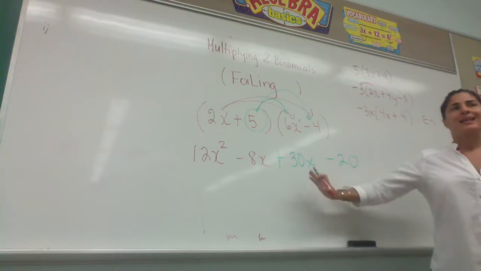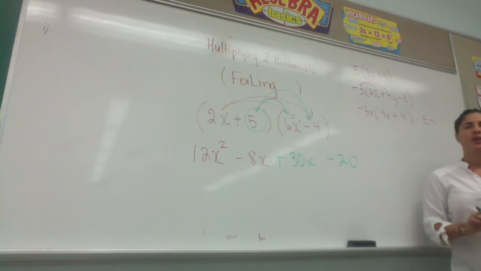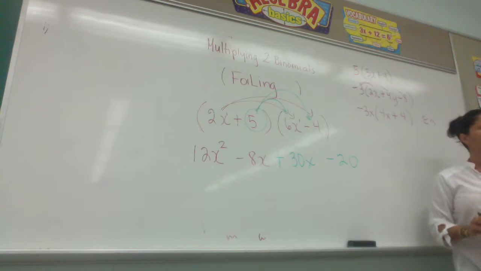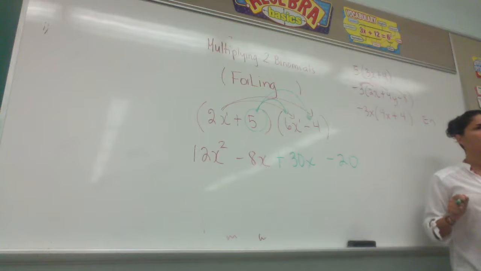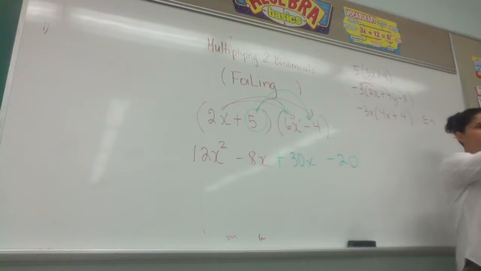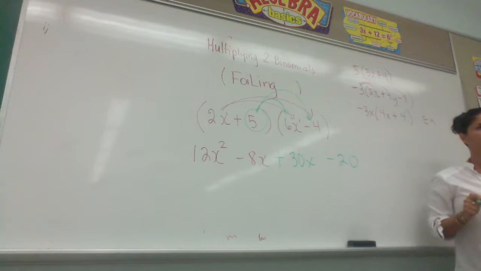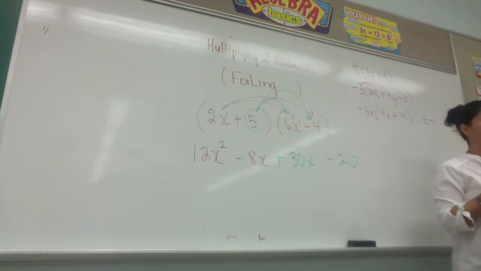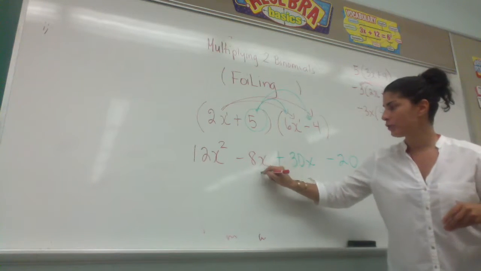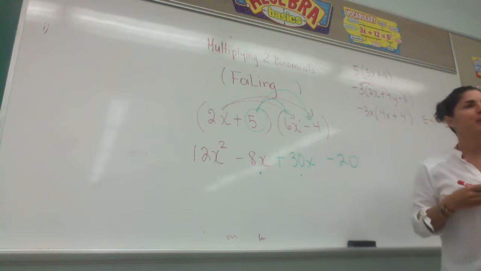What's the last step to my foiling, to my distribution of two binomials? What is my last step? Alex? You simplify. Good. And usually, the simplifying comes right here between these two terms. They end up being the same.